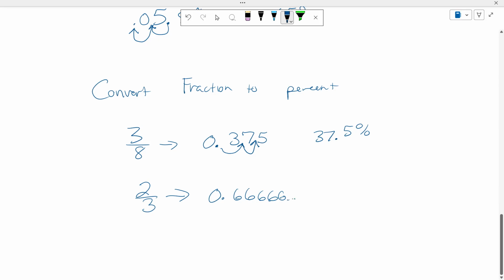And then it goes all the way, and the last number is a 7. So if we move the decimal point 2 places to the right, it's 66.6 repeating percent.